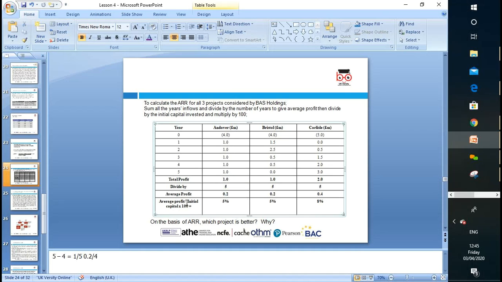Then 0.2 divided by my initial investment of 4, times 100. So that is 5%, you're getting 5%. This one is 5% as well, and the other is 8%. So that's why we think C is a better option, because C's return is 8%. But the only problem is that C requires a 5 million investment and gives you no return in the first year.